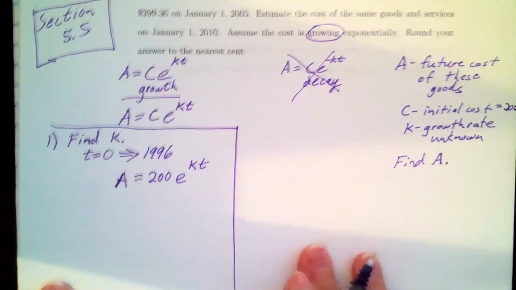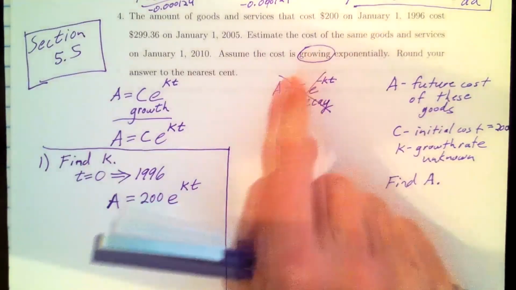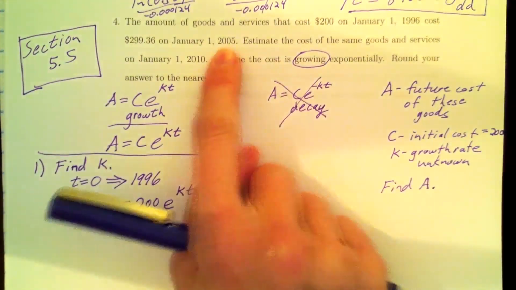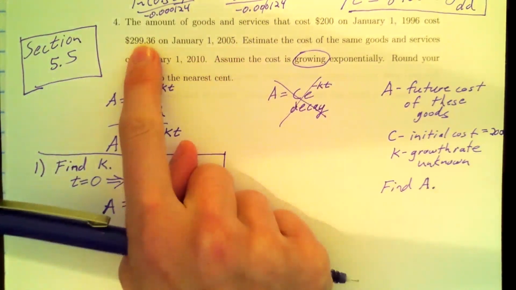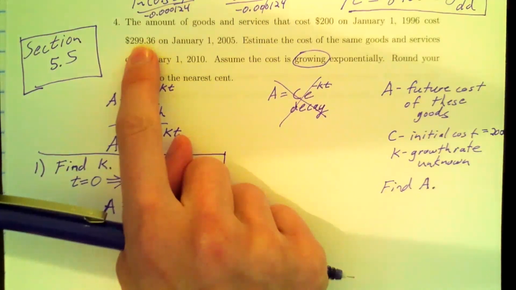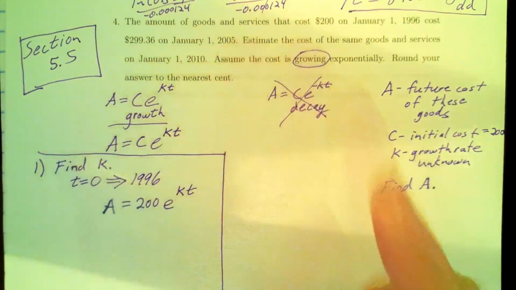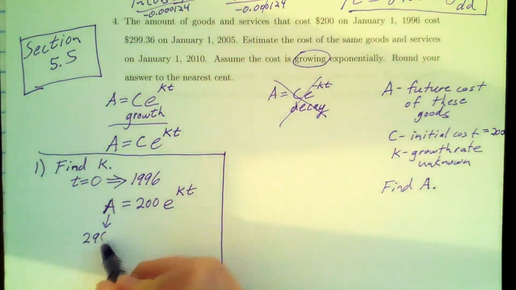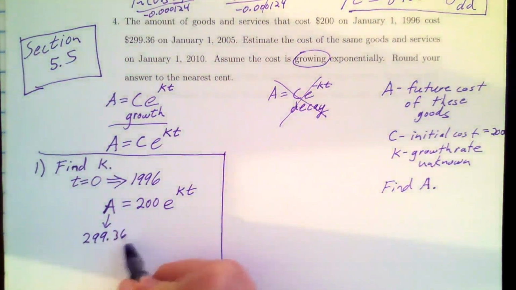For this, I will use my second data point. These goods later on in 2005 were $299.36. So the future value A was 299.36 at a specific time. At this particular data point, the value was 299.36.